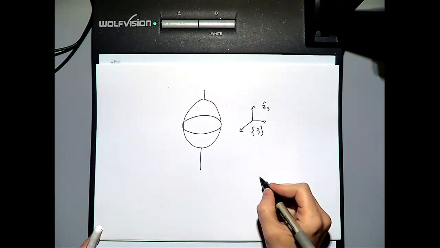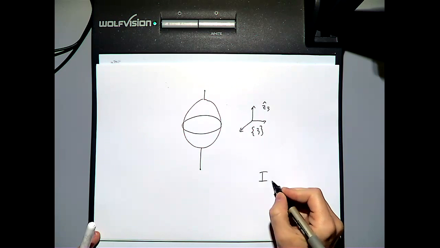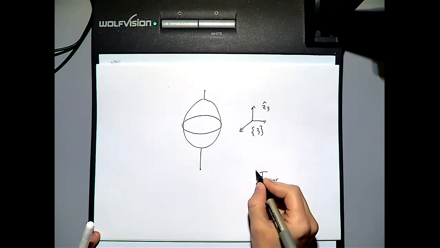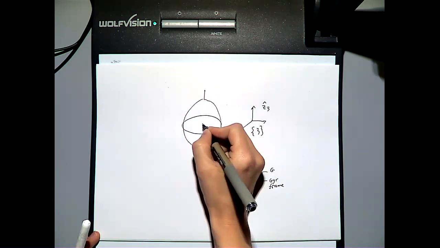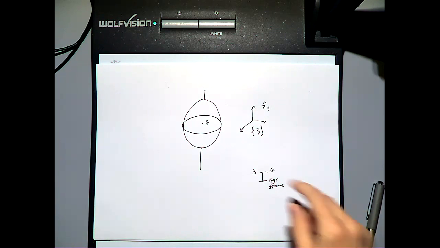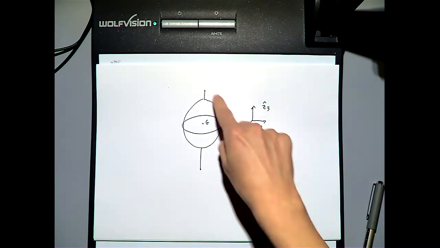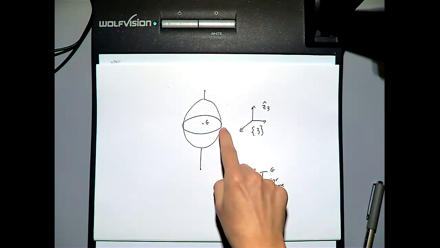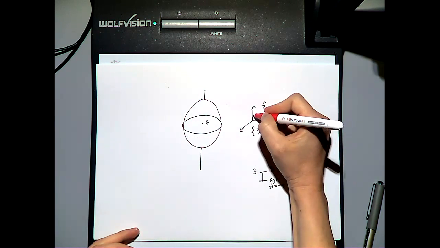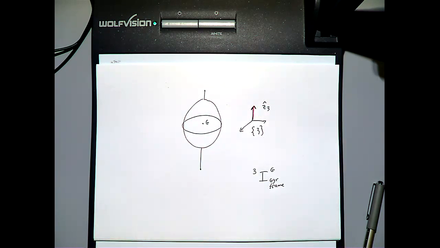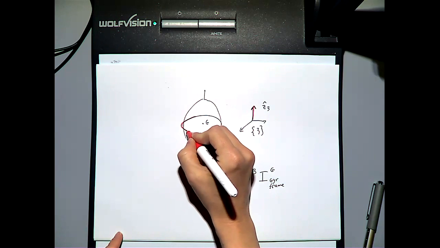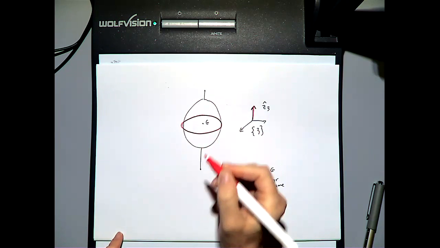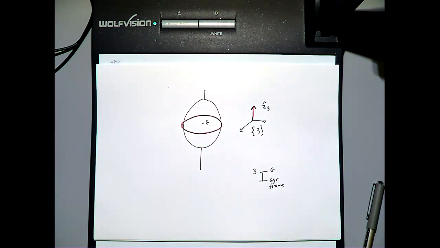And if you want to calculate I of the, say, gyroscope frame, in frame 3 about G is here. So you have two tori, this one and this one, okay? But then Z3 is going there. So only for this one, it will be just like we are doing today.